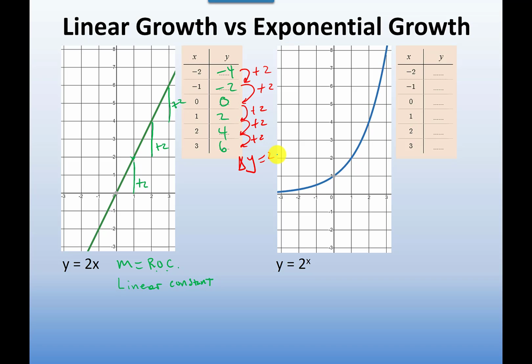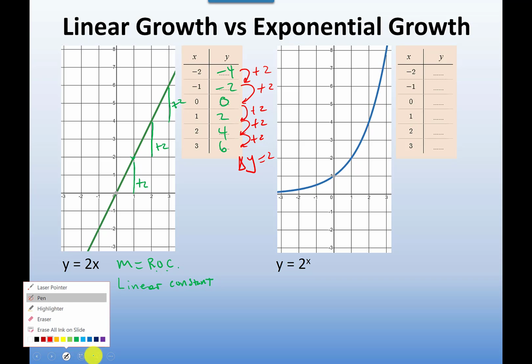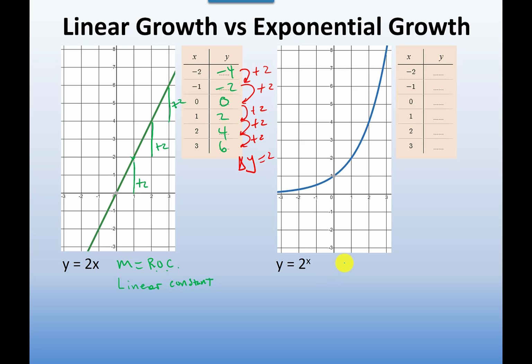Now let's compare that to the exponential function. So a couple of quick reminders about exponentials. We were going to evaluate. Let's start off with one of the really important ones in the middle. 2 to the 0 power.